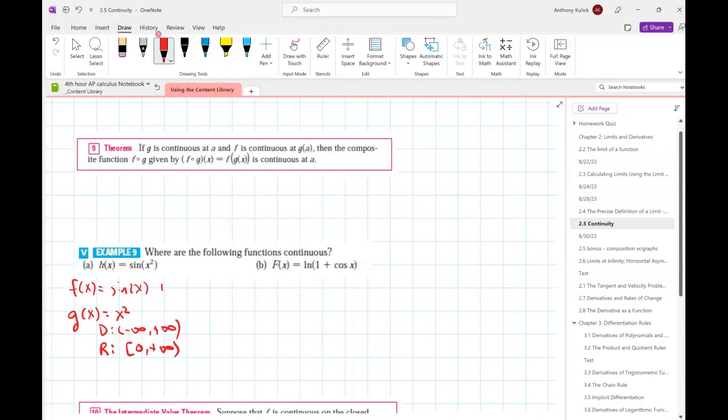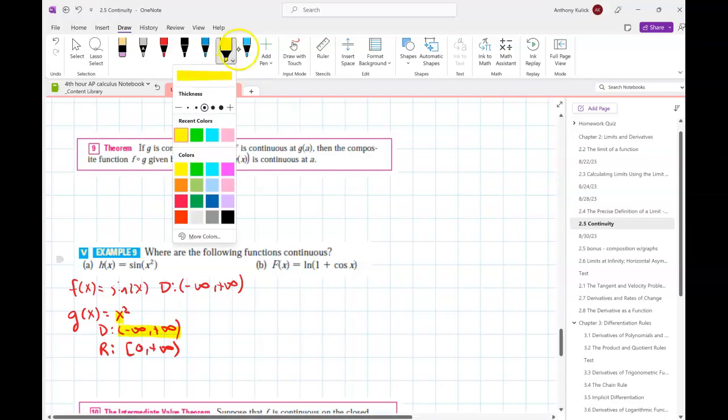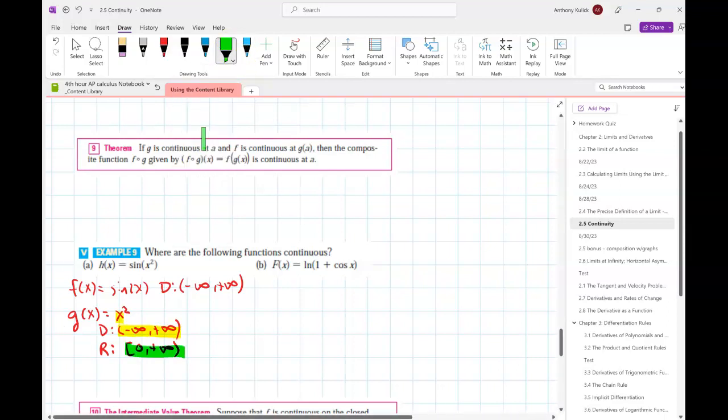Okay, what is the domain for sine x? All real numbers. Okay, so let's look at this. I can put any real number in for x squared. I get out 0 to positive infinity.